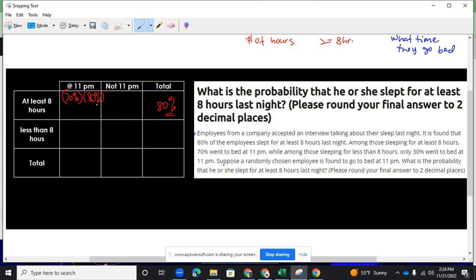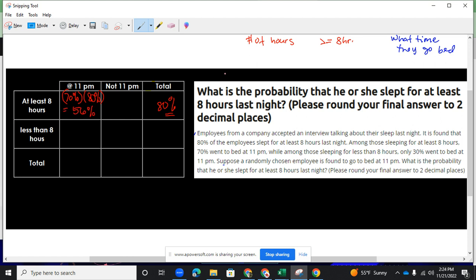Okay, because that's 70% of all the people who have slept at least 8 hours. Okay, so if that's 70%, then the second column must be 30%, right? 30% of 80. Or we don't actually even need to put that. We'll figure that one out later. Now 70% of 80, that means 56% when you multiply that.